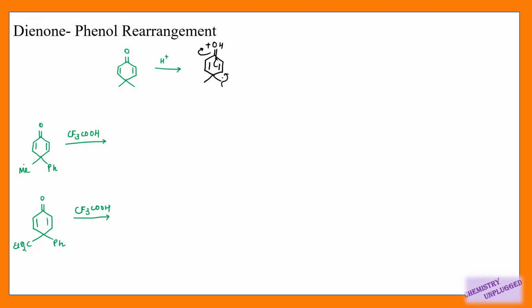And we can migrate either of these 2 because they are the same. So we will get a positive charge on this carbon, right? So in this case we are shifting the methyl group and we are removing positive charge from this oxygen. To stabilize this positive charge, a proton will be removed and we will get a double bond here. So we are synthesizing phenol here. That's why it is called Dienone-Phenol Rearrangement.